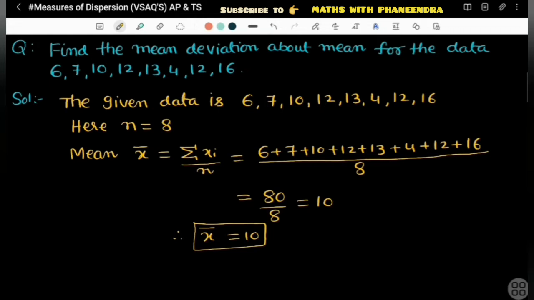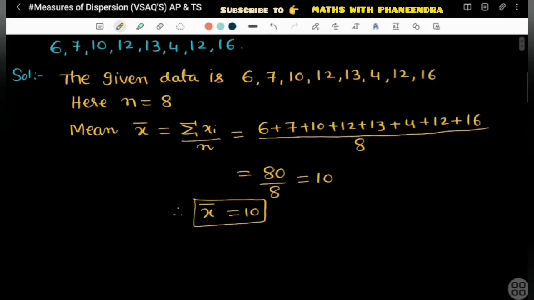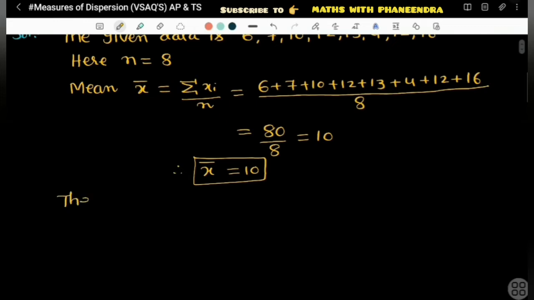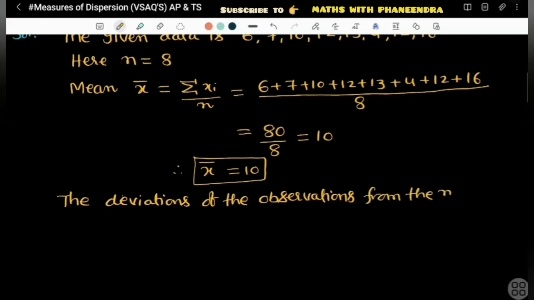Now we calculate the deviations of the observations from the given mean. The deviations of the observations x1, x2, x3, like this xi, from the mean: that means mod xi minus x bar, where x bar is the mean of these values.